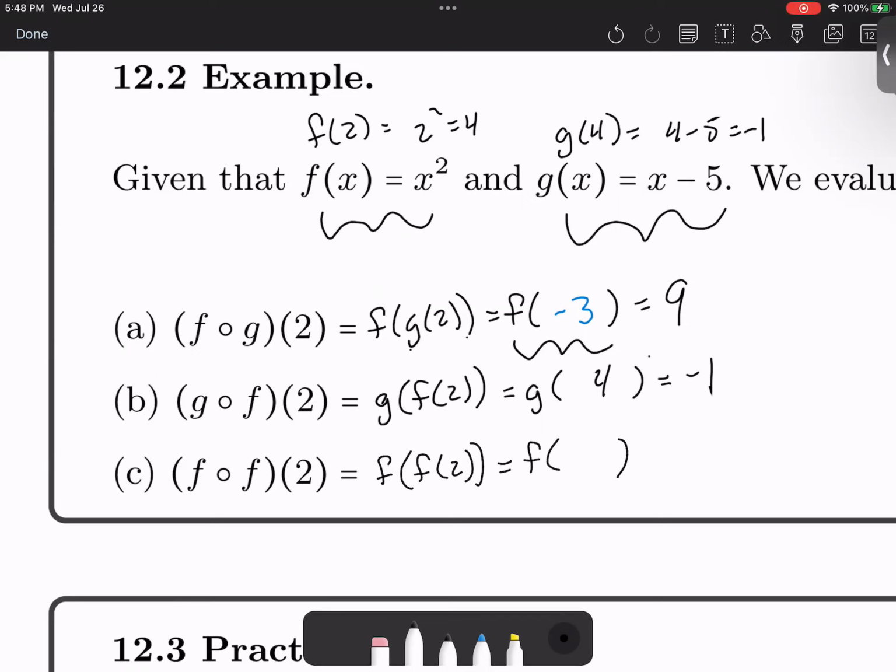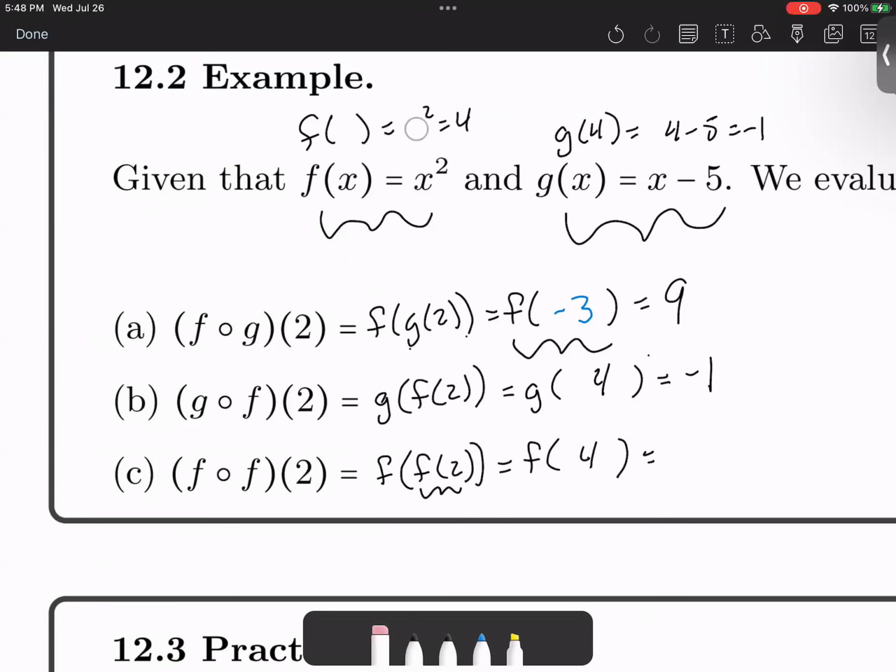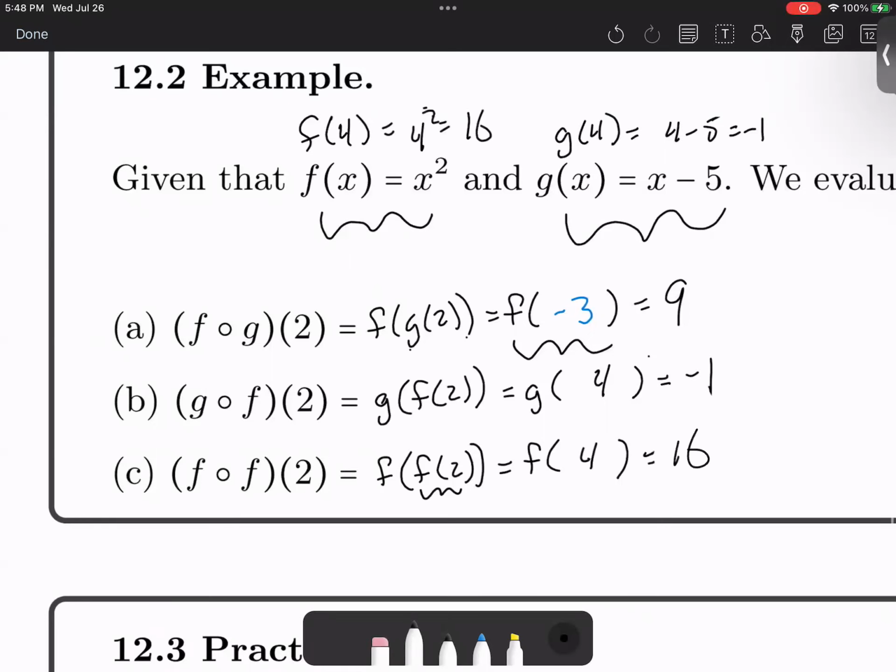F of, what is f of 2? Oh, didn't we already do this? Yeah, 4. So now what is f of 4? 16. So effectively, if you square 2 twice, you get 16.